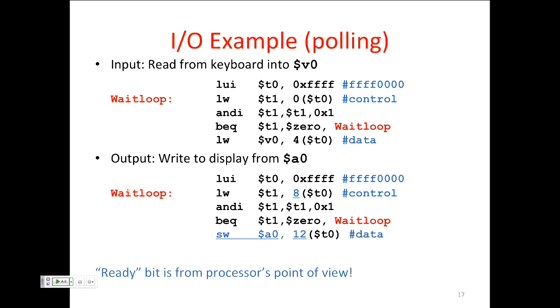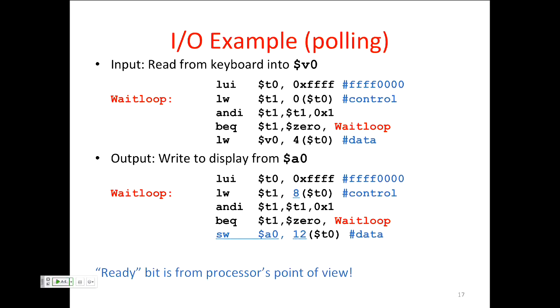And we check whether the control bit is 1, and if it is not, we go back to this loop and continue the same thing over again. And this allows us to basically say, let's look at the keyboard and wait until data is available. And once data is available, you read the data from a different address and then put it into a register in your CPU and you continue.